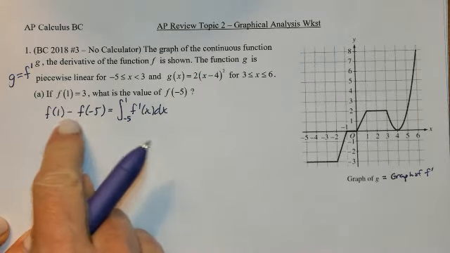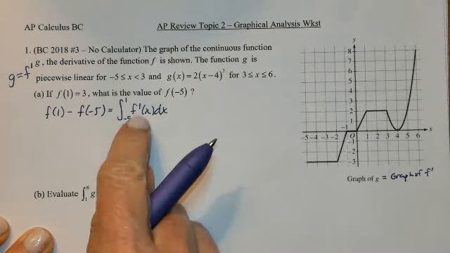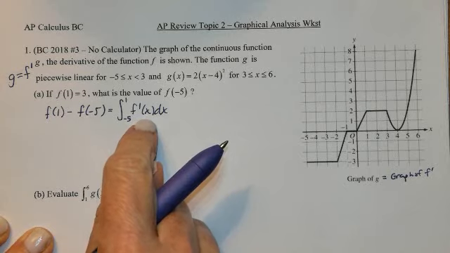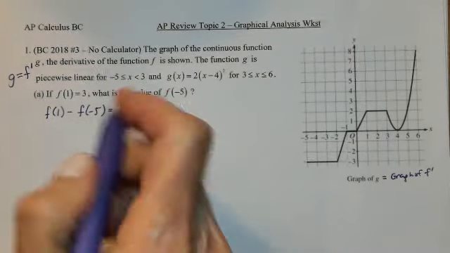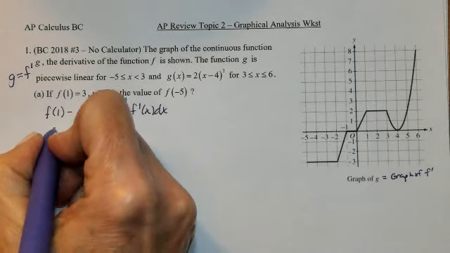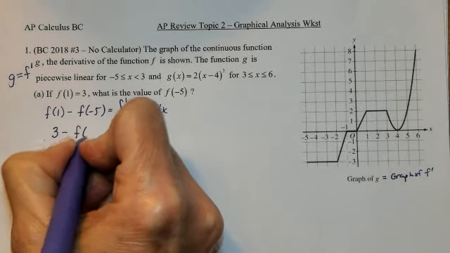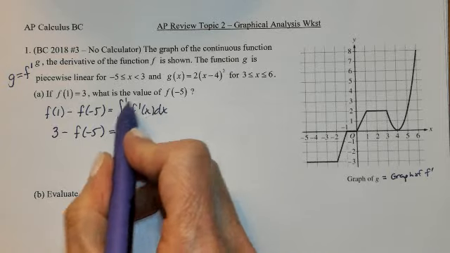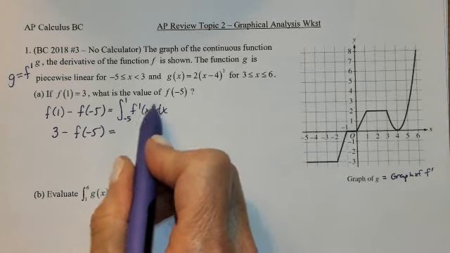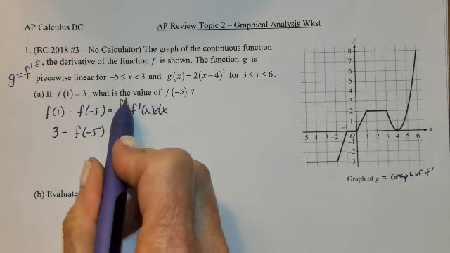Fundamental theorem. This has to be f prime over here for the fundamental theorem. Okay, we're given that f of 1 is 3. We don't know what f of negative 5 is. And this will be the area under the graph of f prime from x equals negative 5 to 1.